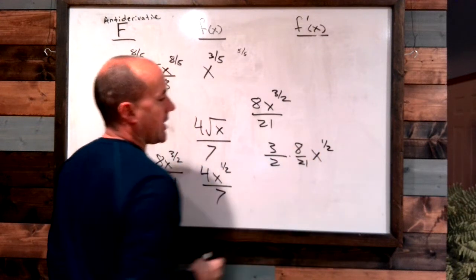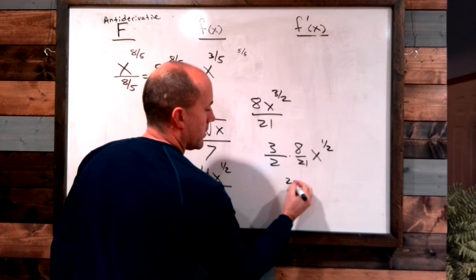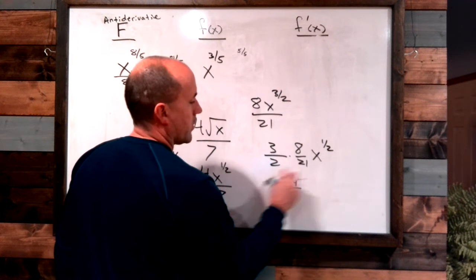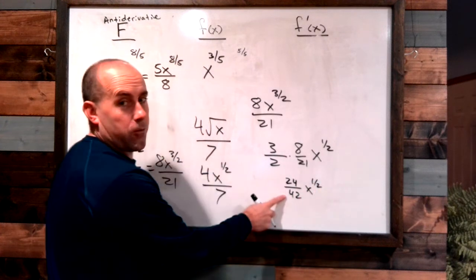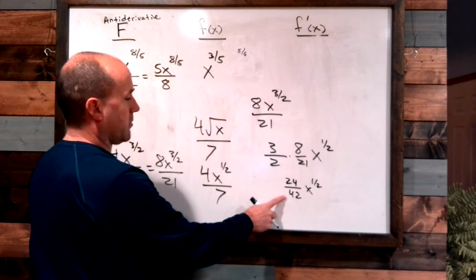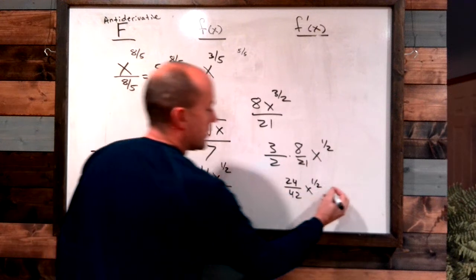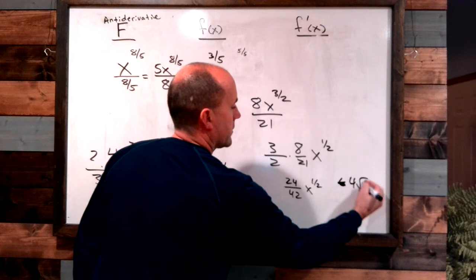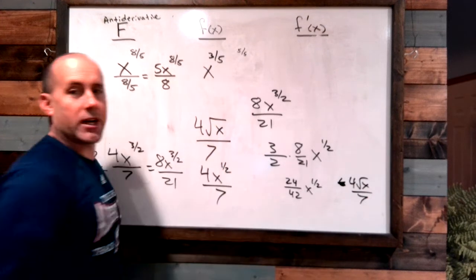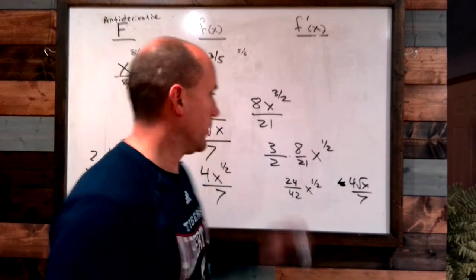So 3 times 8 is 24 over 42, x to the 1/2. 24 and 42, those are both divisible by what? 6. So we get 4th root of x over 7. Yeah, so it checks out. It works exactly like it's supposed to.